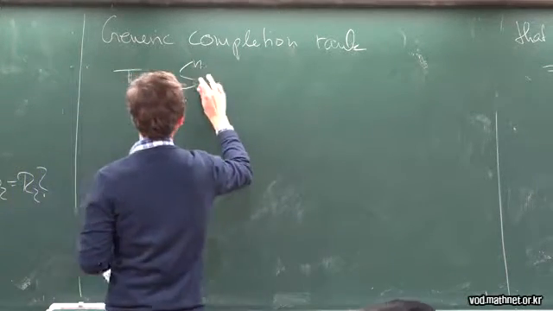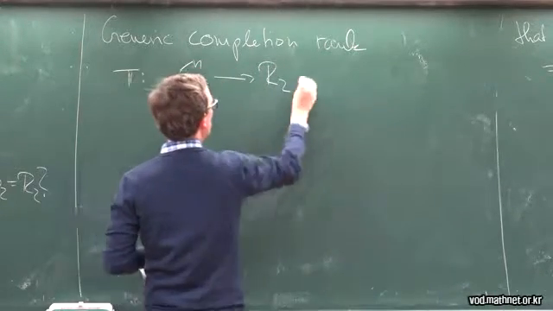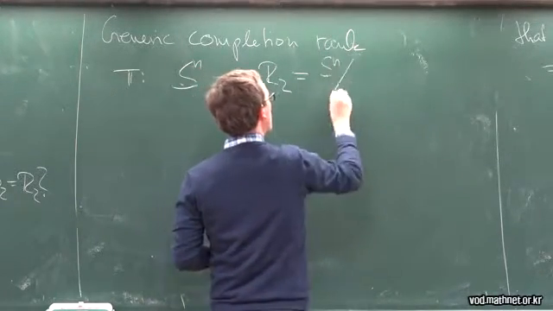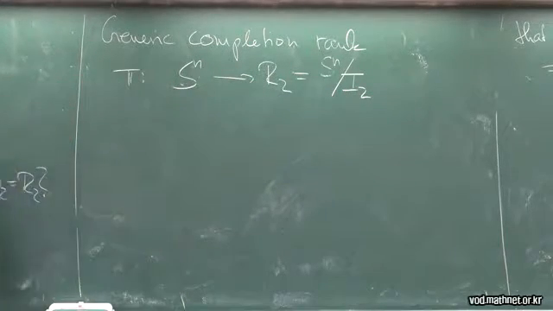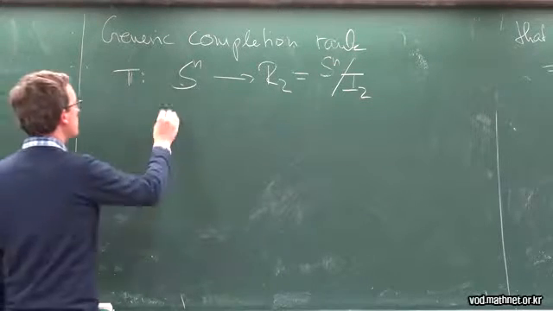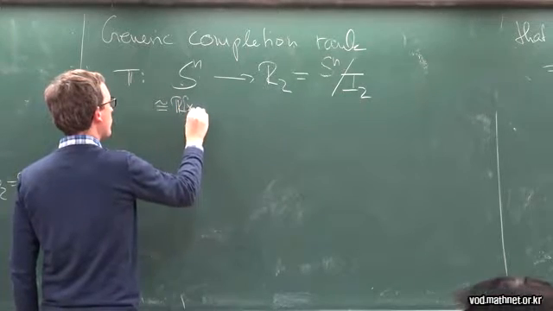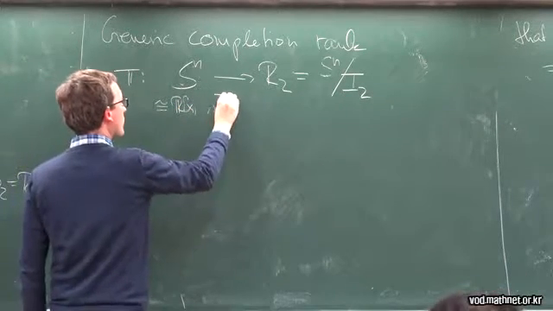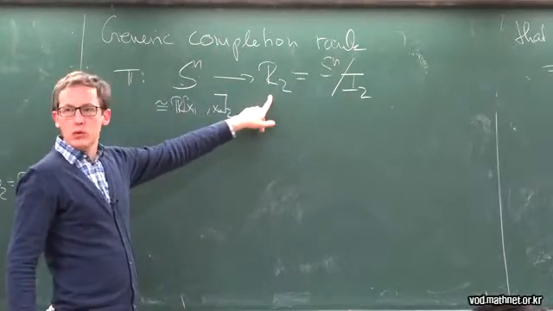So R2 is the image of quadratic forms when you mod out by the degree 2 part of the ideal, right? So this is quadratic forms. If you mod out by the ideal, you get the coordinate ring.